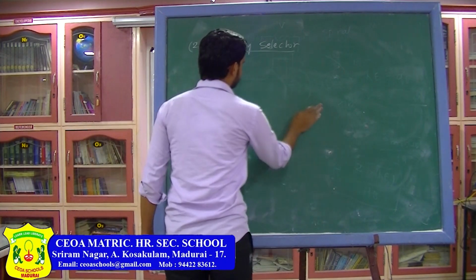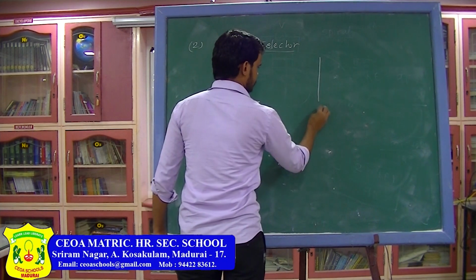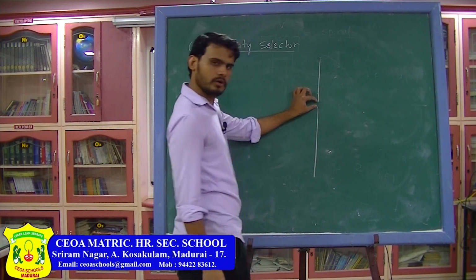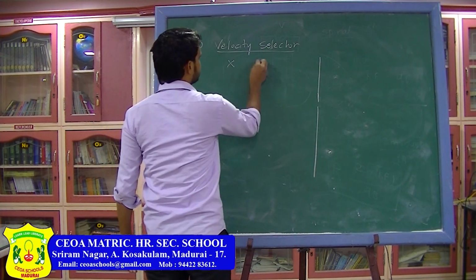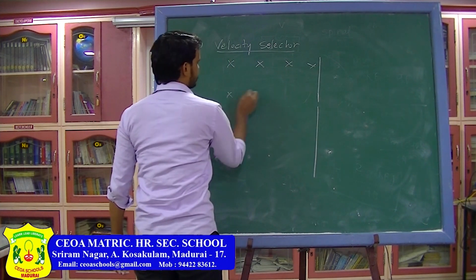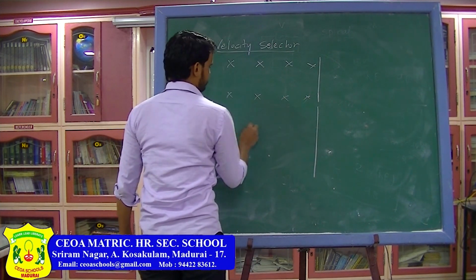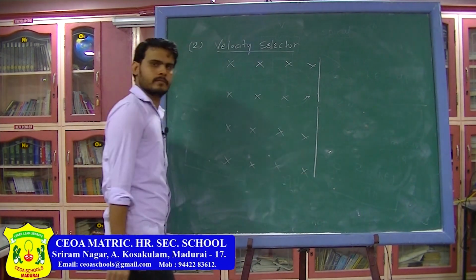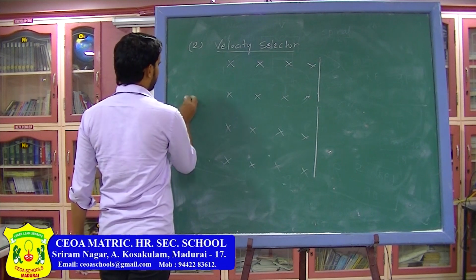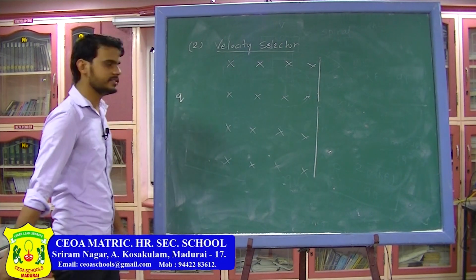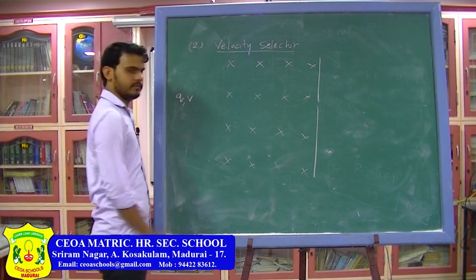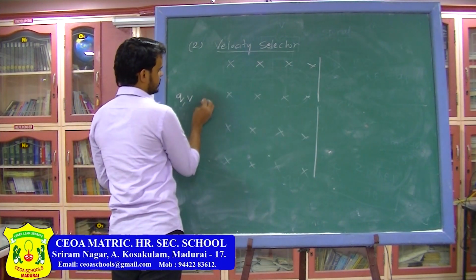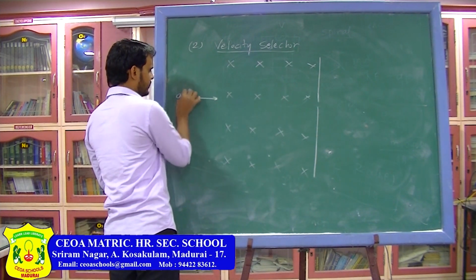In the velocity selector the construction is, you have a wall, in the wall there is a small hole here and the magnetic field is in the inward direction. Suppose there are different particles with different velocities, and I want a particle which has a velocity v.